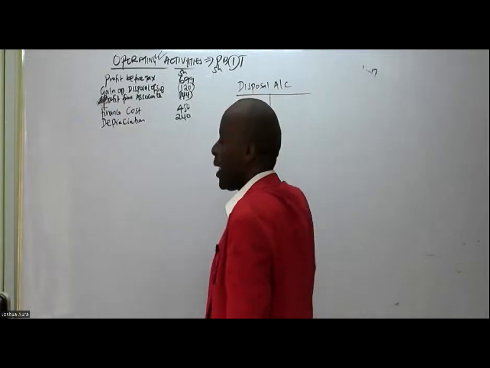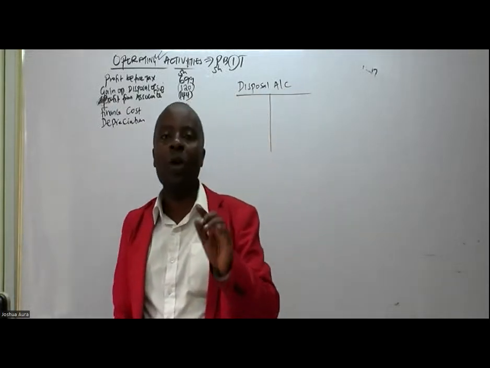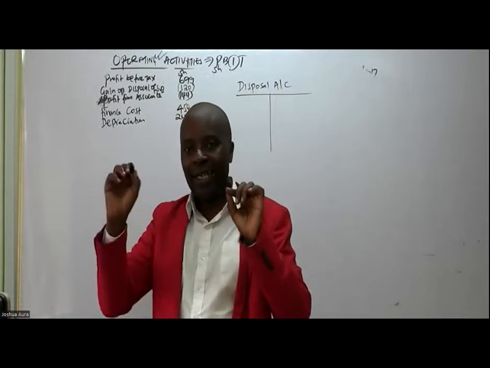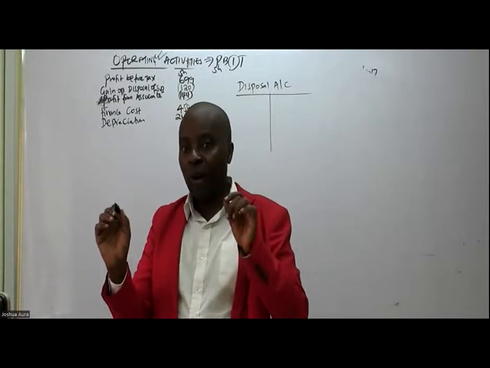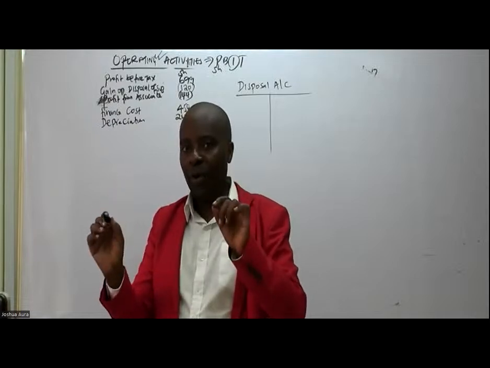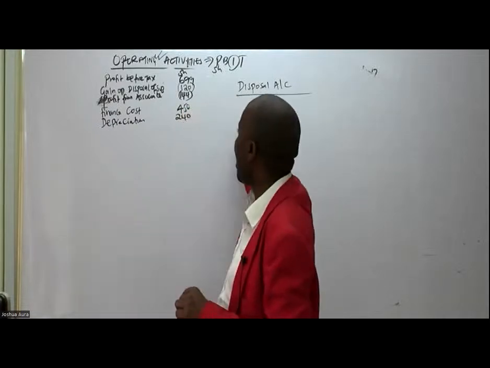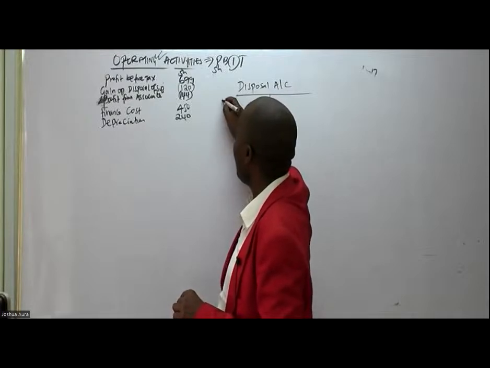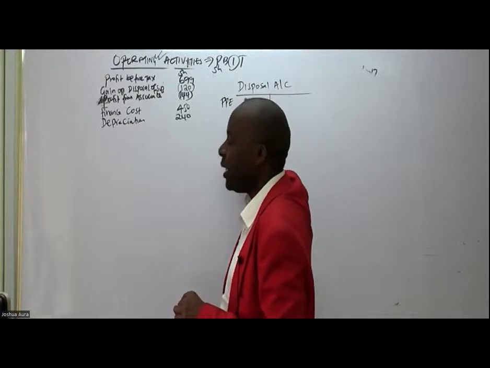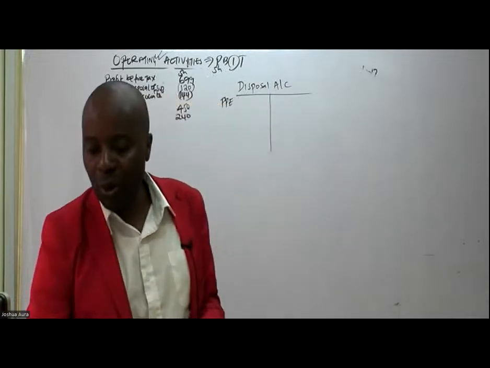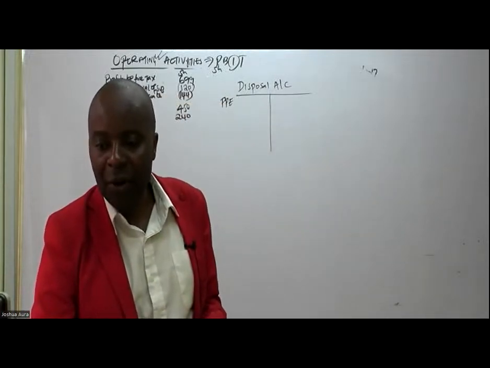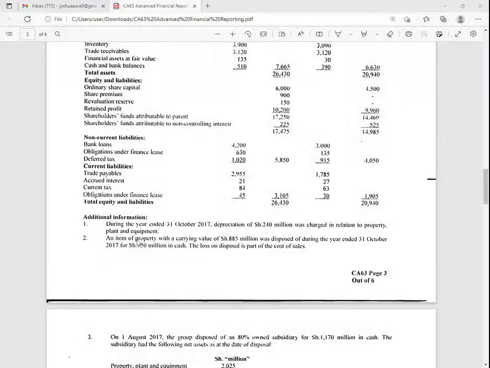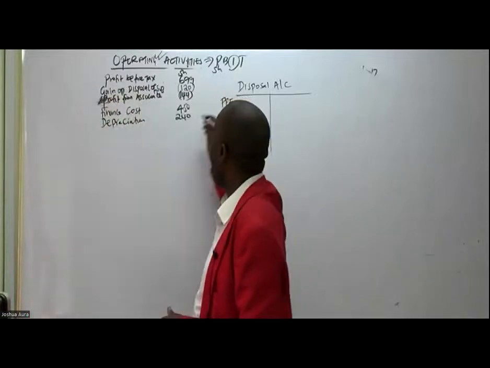When I dispose an asset, I will go to the property, plant, and equipment account, credit the PPE with the net book value, and then debit the disposals account. So the PPE that was disposed in the year, we were given the carrying amount of that PPE, which is 885.